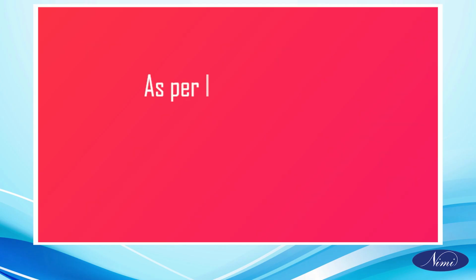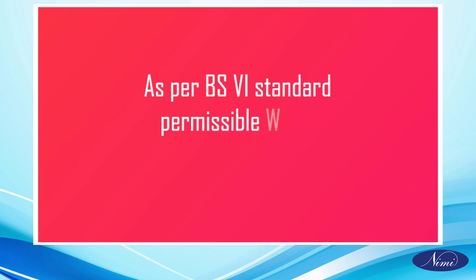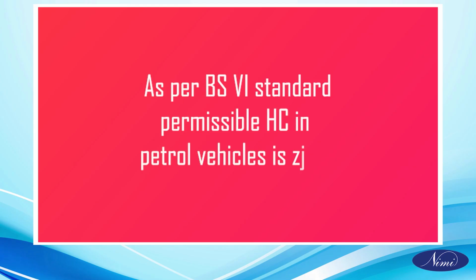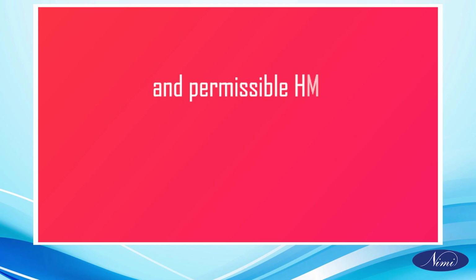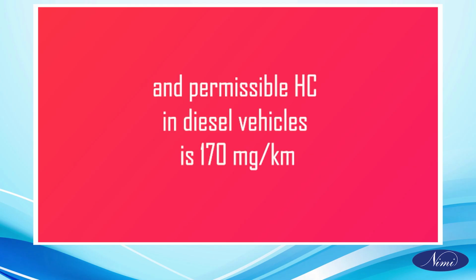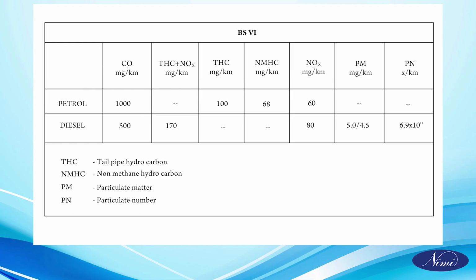0.025. As per BS6 standard, permissible HC in petrol vehicles is 0 and permissible HC in diesel vehicles is 170 mg per kilometer. BS6 petrol CO, milligram per kilometer: 1000.